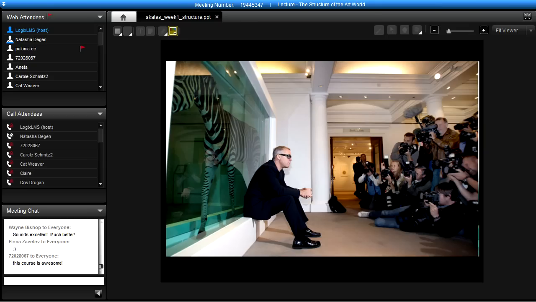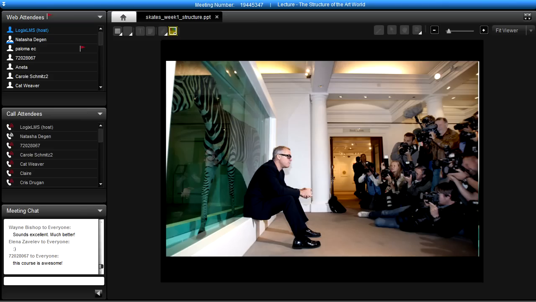And now auction houses are expanding into the primary market, both by acquiring dealerships, like I said, for instance Haunch of Venison or Noortman in recent years, but also, in some cases, selling work directly from artists. And the most notorious example of this is the 2008 Damien Hirst sale at Sotheby's.